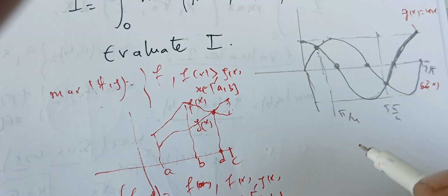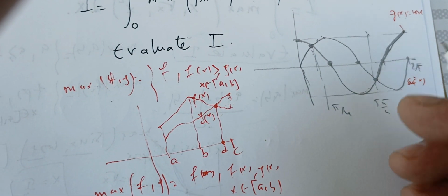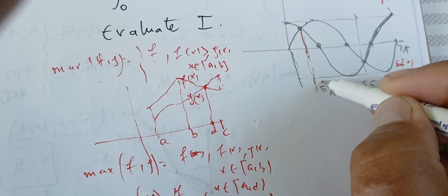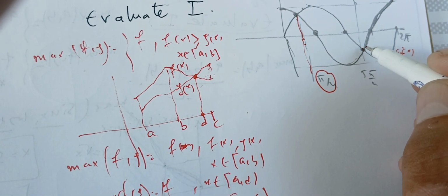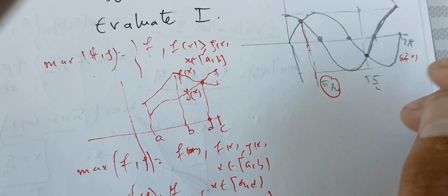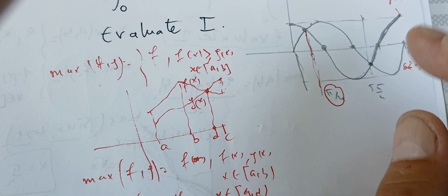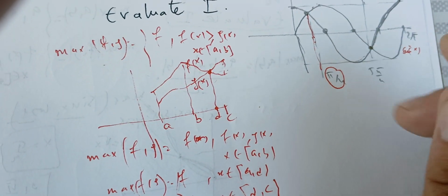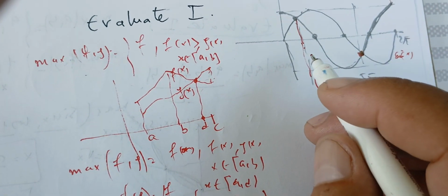They intersect when x is pi over 4, and also after a half turn around the circle, that means pi plus pi over 4, which is 5 pi over 4. Here they intersect again.